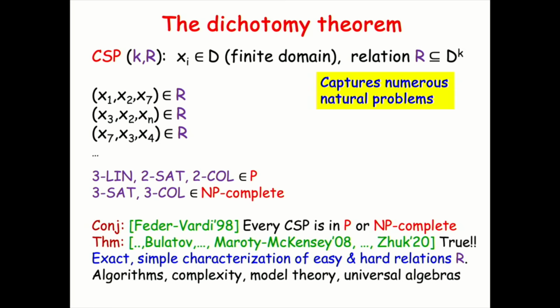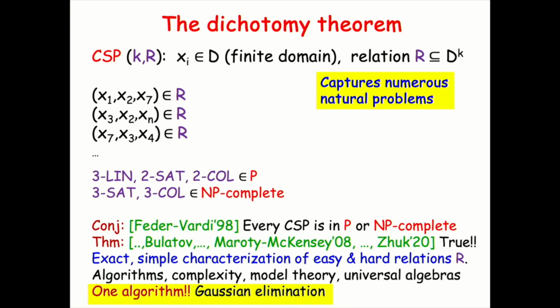It's very interesting in many ways. It involves both algebra and logic, and of course algorithms and complexity. There's a very simple criterion which will tell you which are the hard ones. You just look at the relation, and you can tell which are hard and which are easy.